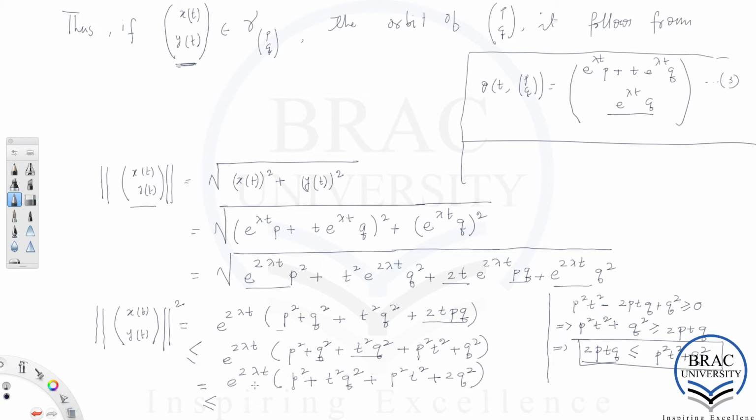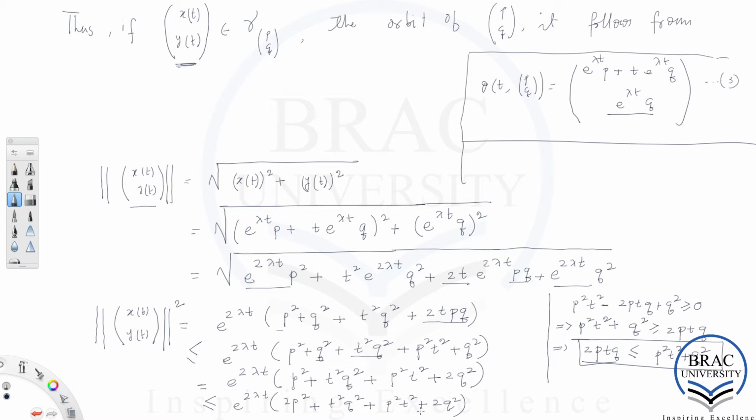So if this expression is less than or equal to e to the 2 lambda t times 2p squared, of course, I add p squared to it, and the resulting expression is greater than or equal to the older expression, plus t squared q squared plus p squared t squared plus 2q squared.